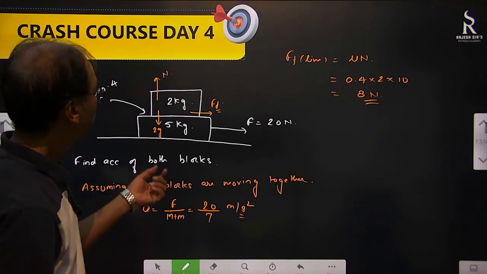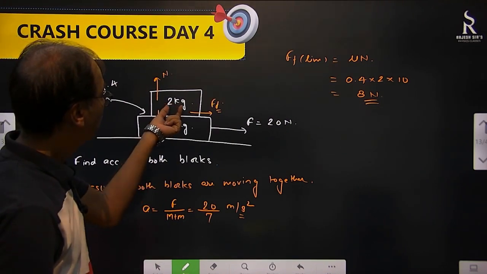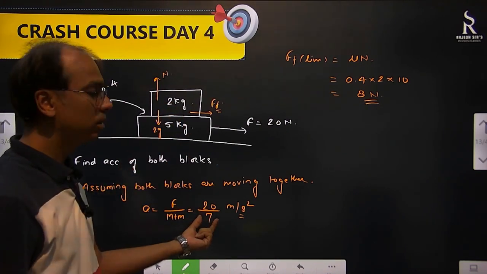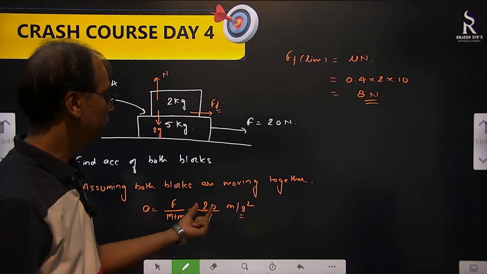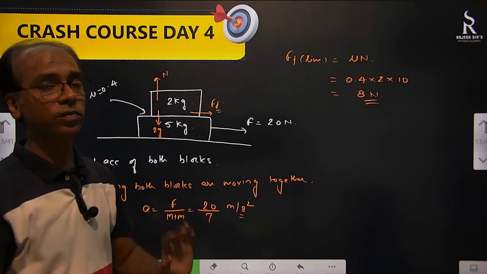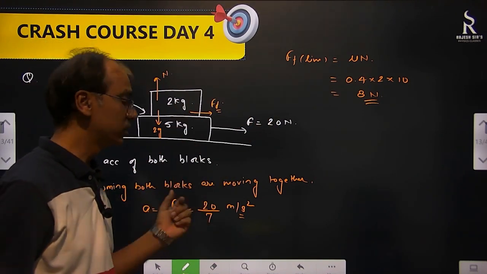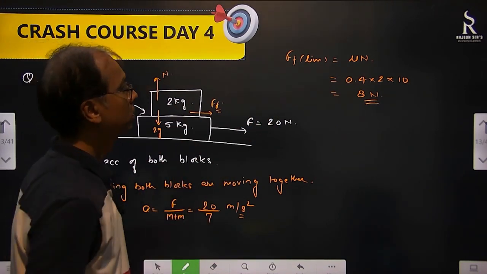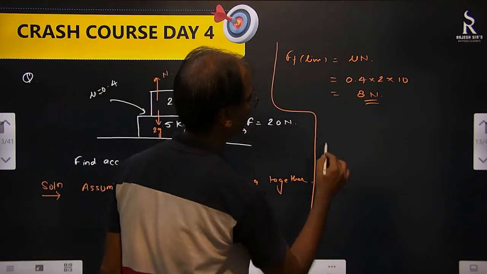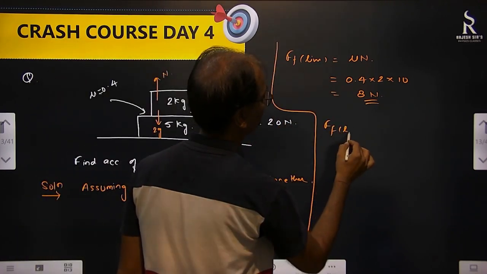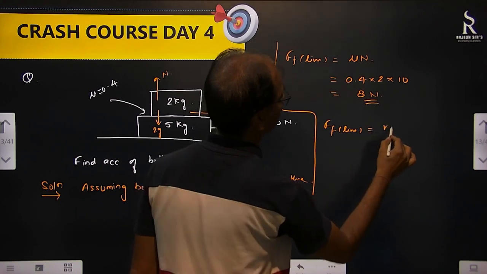Correct. Now we have to see how much is the net force acting, because this is the acceleration, 20 by 7. So can this force of friction give this much acceleration or not? Let's see. So this limiting force of friction can give how much acceleration to the body?